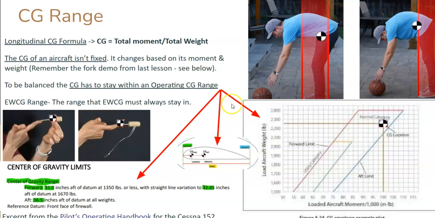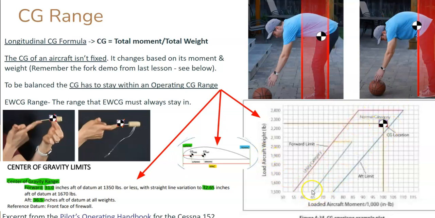And I have a few visuals here that are helpful to you. So again, you may remember that wing diagram I showed you before. You're going to see over here that we have a center of gravity forward and a center of gravity aft. That means your center of gravity is stuck in between this range, this operating range right here, in order to balance. You can also see that done in terms of a graph over here.